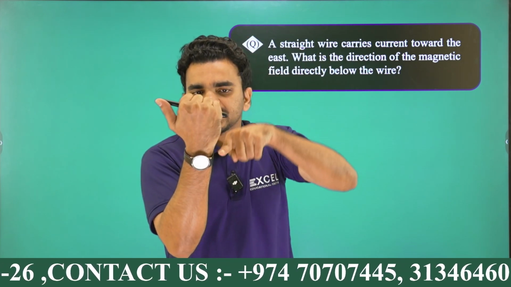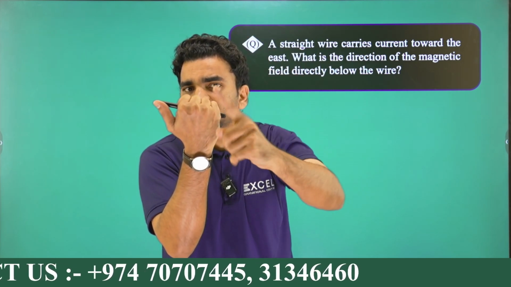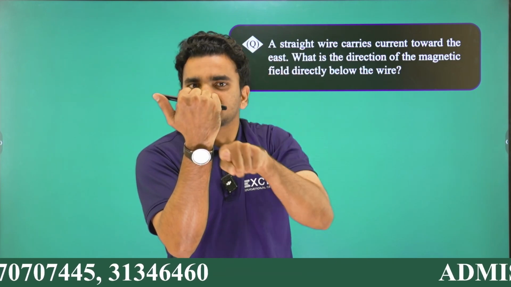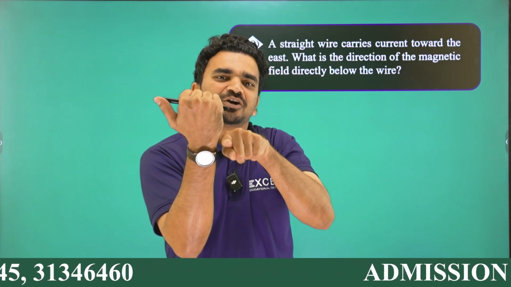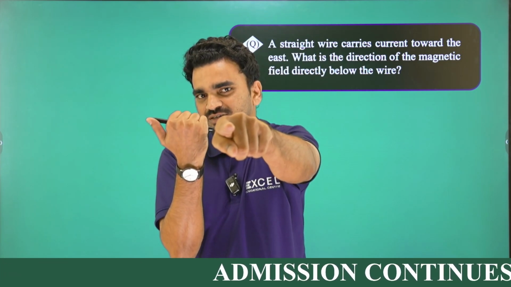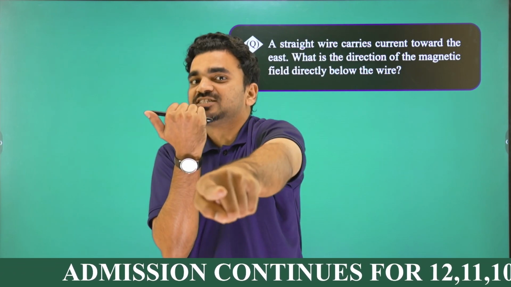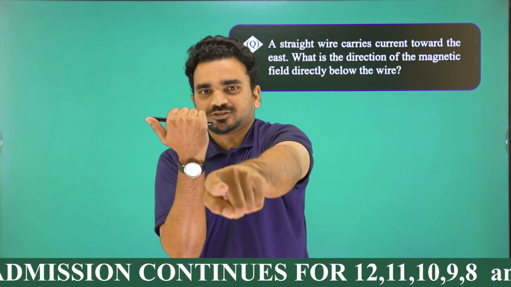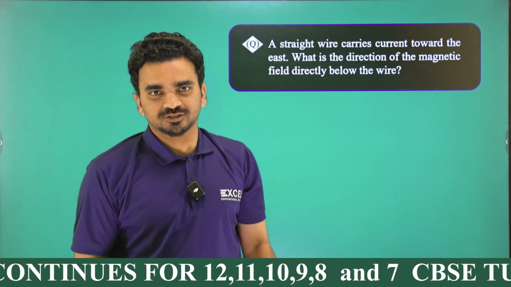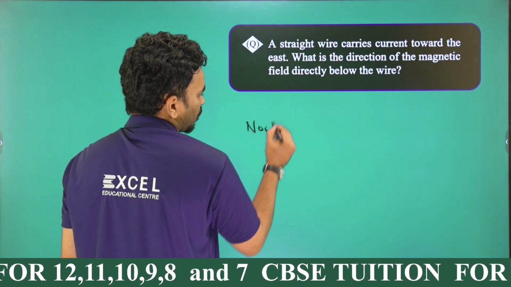But here I want to find the magnetic field below the wire, right? So I'm going to stop my finger below the wire. At that time, how is the finger pointing? It's pointing towards the north side of me. Okay, so front of me. The finger is pointing towards the front side. That is what we call north. So over here, the magnetic field is towards north. Okay, so the answer is the magnetic field is towards north.